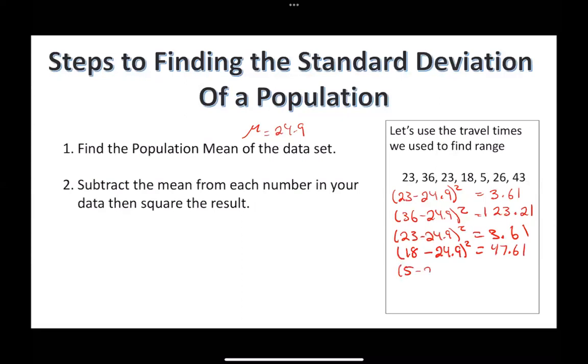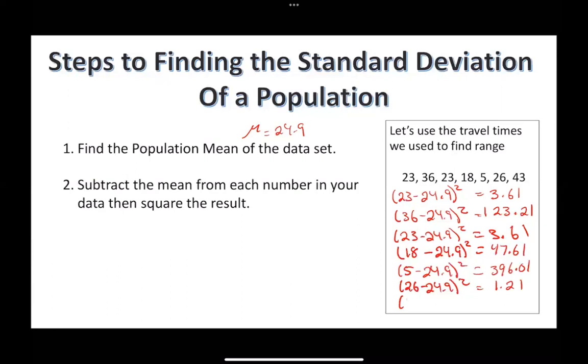5 minus 24.9 squared, 396.01. And then 26, 1.21.